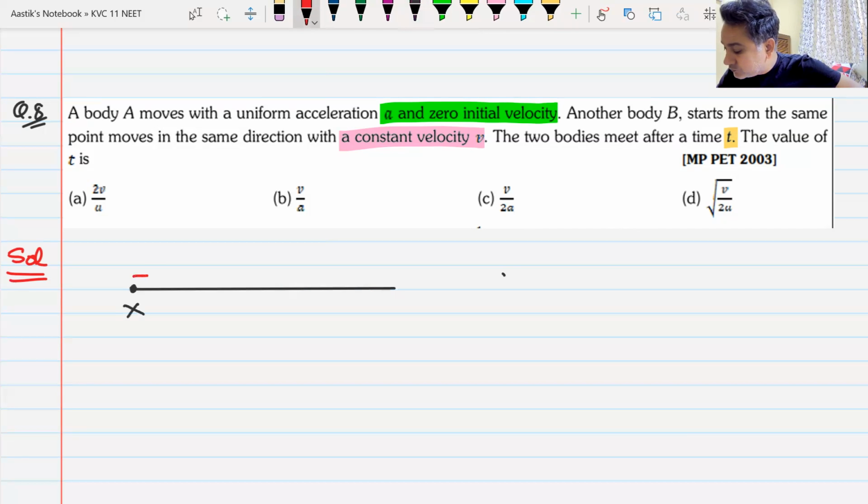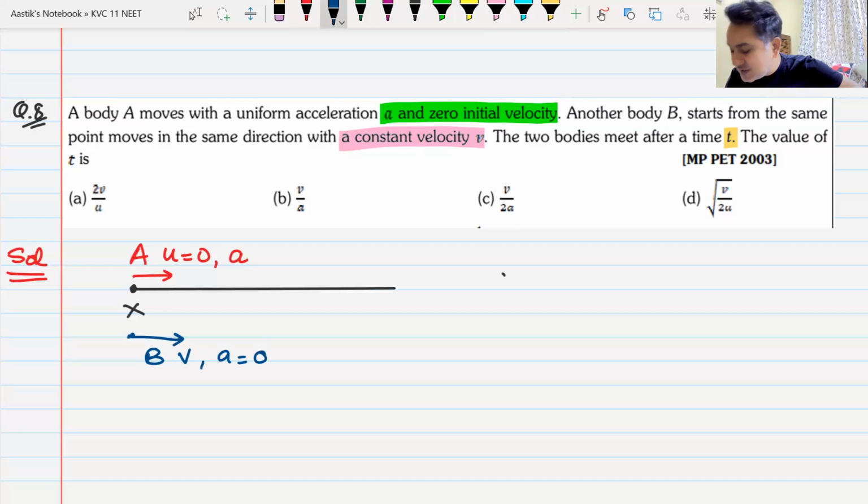Gentleman A: for gentleman A, initial velocity is 0 and acceleration is a. Gentleman B moves with a velocity V. Acceleration is 0. Do we understand this? Yes or no?